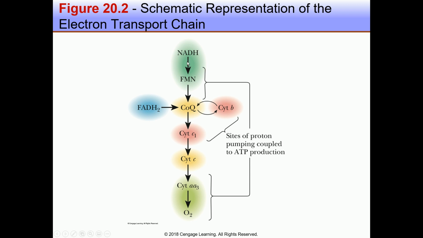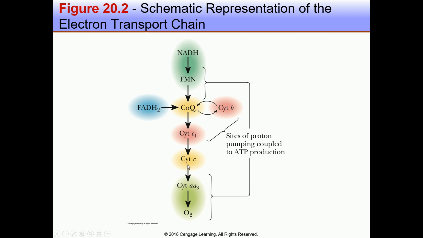NAD plus delivers its electrons to protein complex number 1, and then this protein complex number 1 delivers these electrons to coenzyme Q, and FADH2 also delivers its electrons to coenzyme Q, and then there are various cytochromes involved in this whole electron transport chain.